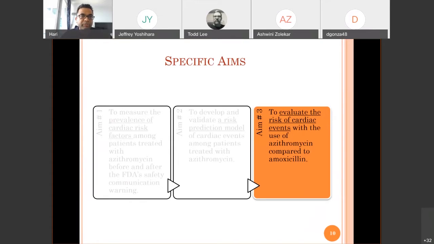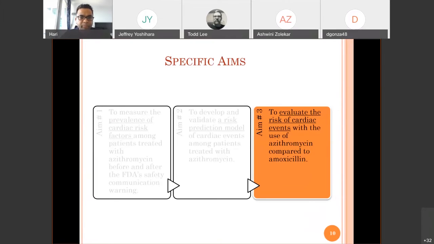We really wanted to see if there was a concern with the populations that were mentioned in the FDA warning, then we would have seen a decline after the FDA warning among patients who received azithromycin. But what we found was, in fact, that there was no change. 1 in 5 patients who received azithromycin had a cardiac risk factor before and after the warning. So really, not a whole lot of prescribing was changed as a result of this warning that was issued by the FDA.